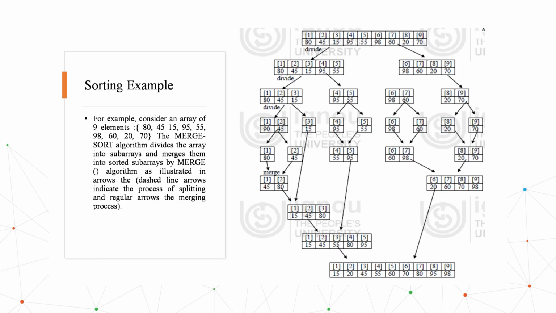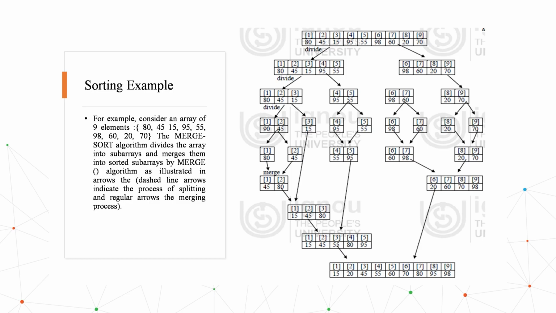With the 2-part list where the elements are 90 and 45, when you are combining it, you are merging it. So this is the merge procedure. The first element contains 80, the second index element contains 45. When you merge it, it will become 45 and then 80. Now this is a sorted list of 2 elements.